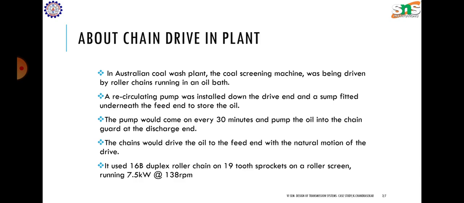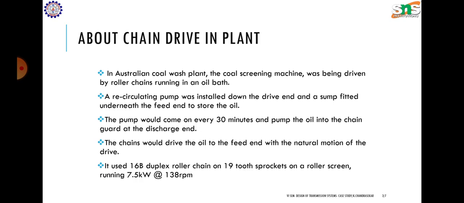When the oil is poured at the discharge end over the chain, the chain moves it by natural motion from one end to the other, that is from the driving sprocket to the driven sprocket. Then the oil falls back into the sump.